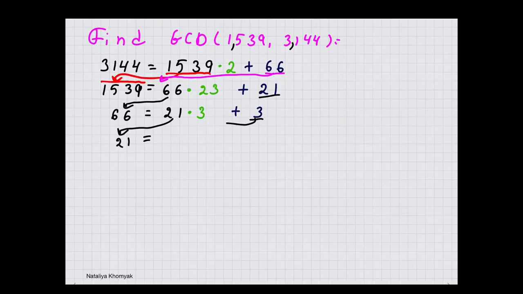We want to copy this remainder again and rewrite 21 in terms of the previous remainder. 3 goes into 21 7 times, plus the remainder is 0. 21 minus 3 times 7 is 0. And the solution is the previous non-zero remainder. So the greatest common divisor of 1539 and 3144 is 3.